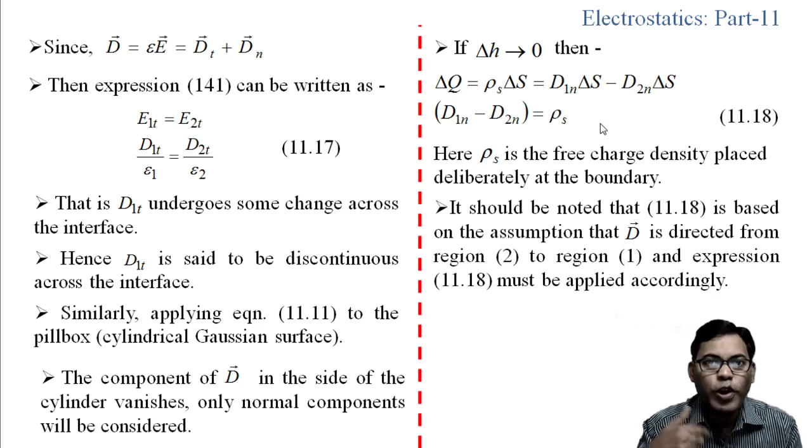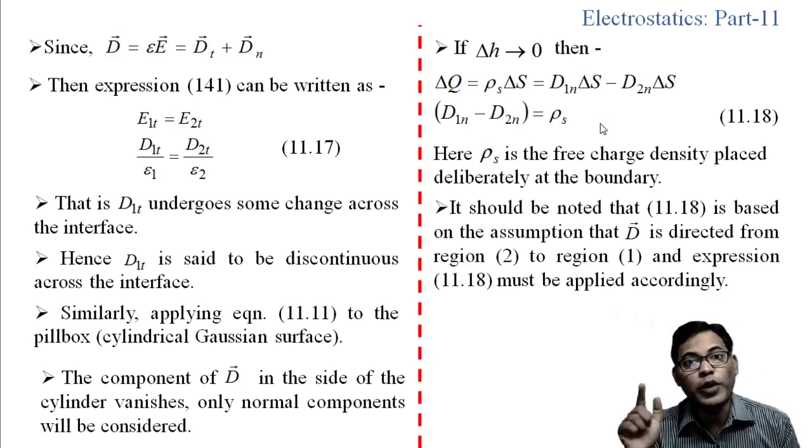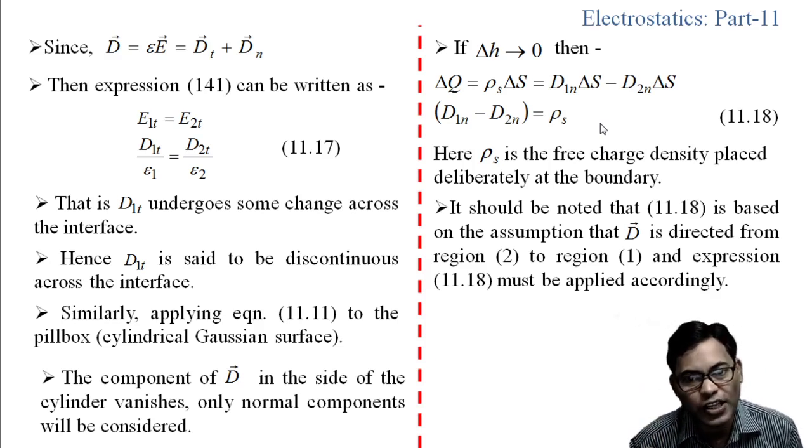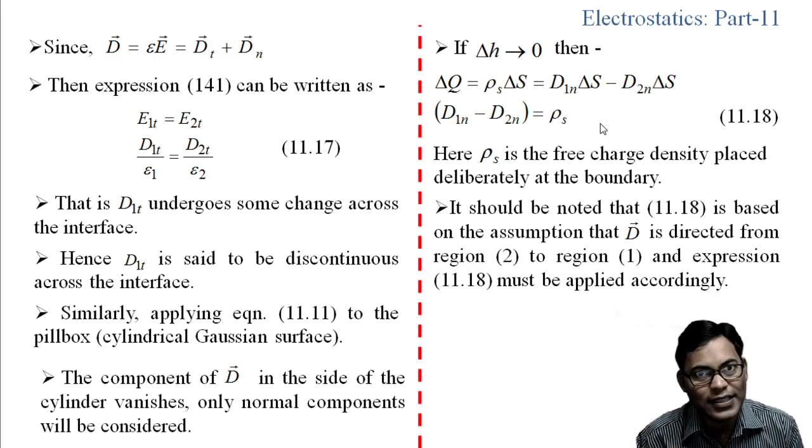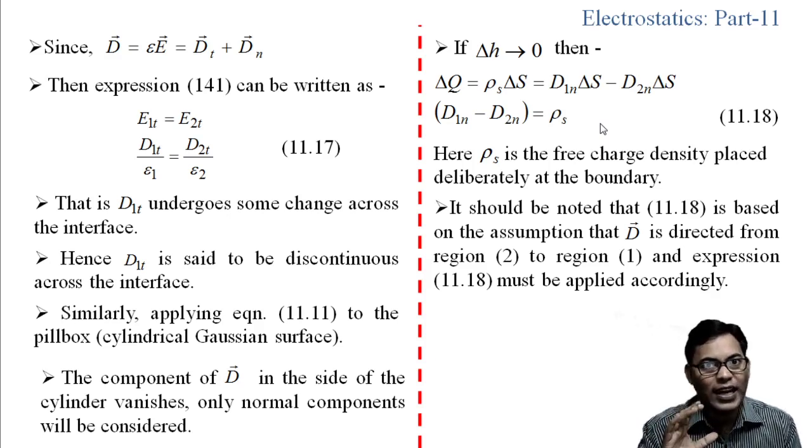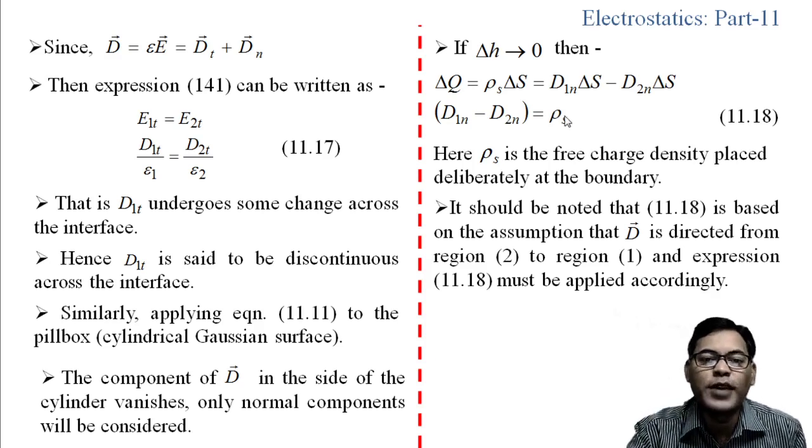Because we are going to apply the Maxwell's equation that says the surface integral of d dot ds equals to q enclosed. So q enclosed is the charge. But in actual case, if we consider the pure dielectrics, true dielectric medium, at the interface of the dielectric medium, no free charges will be present, so actually this rho s will be 0.